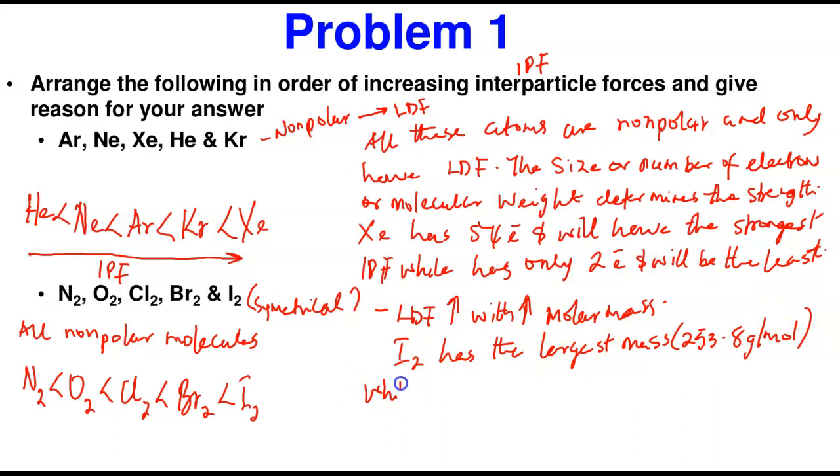While N2 has the lowest mass, which is just 28.02 grams per mole.